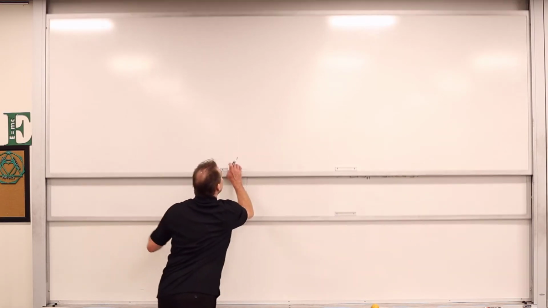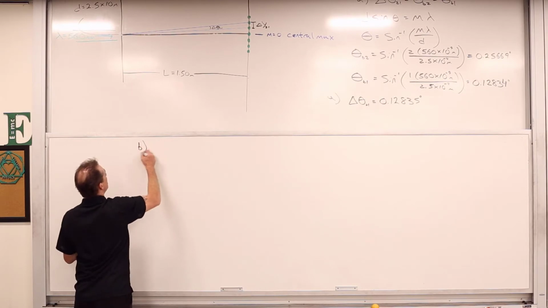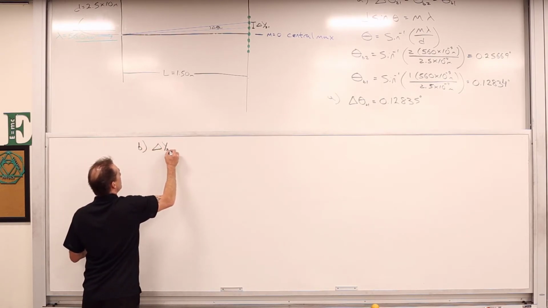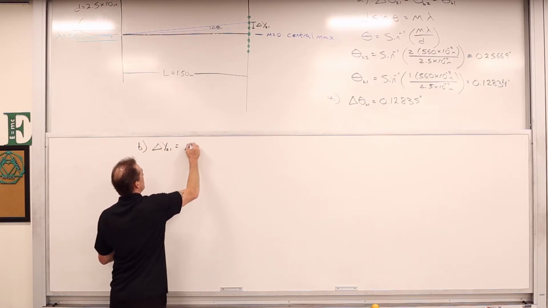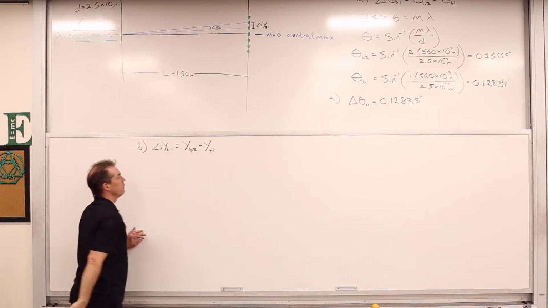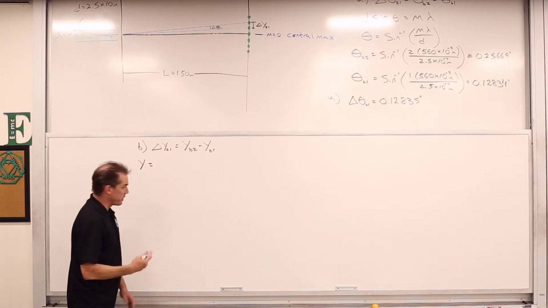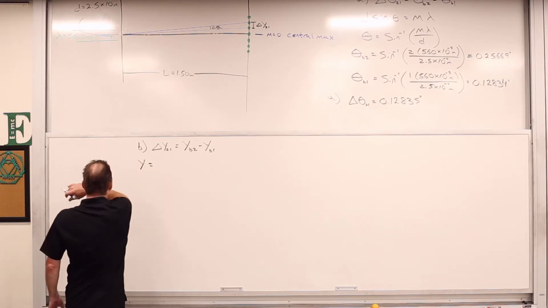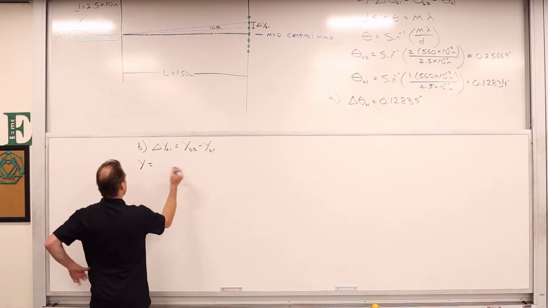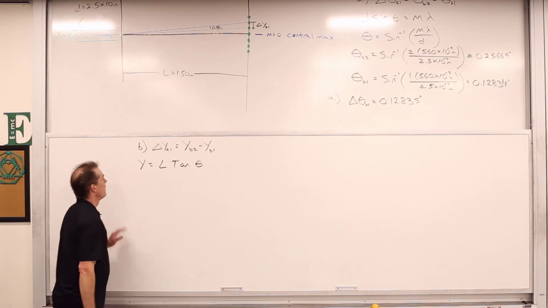So throw that out up there for a second. We can say B. We want delta y 2,1. Well, that's going to be equal to yb2 minus yb1. And y in general, the distance measured from the principal axis, or the central maxima, is just equal to L times the tangent of theta.